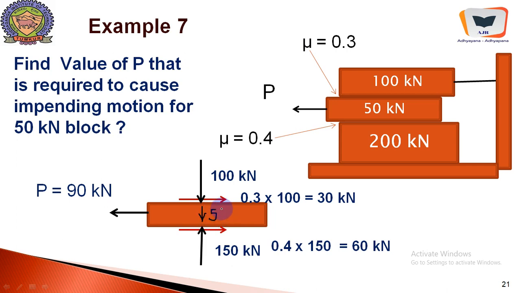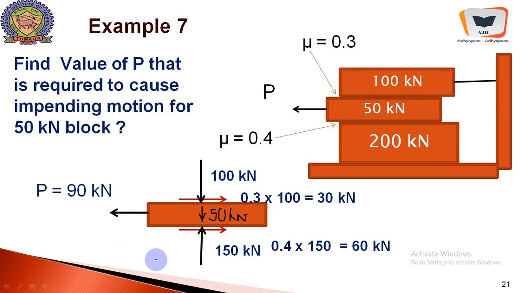If we apply sigma Fy equal to 0 again for this block, this normal reaction going up minus 50 minus 100, therefore the normal reaction over here will become 150 kilonewton, 100 plus 50, and accordingly the frictional force will be 0.4 times 150, 60 kilonewton.